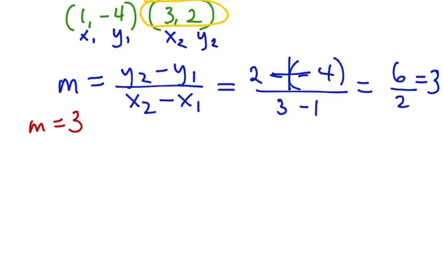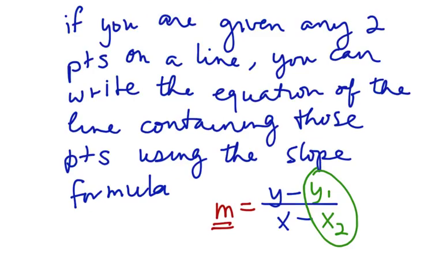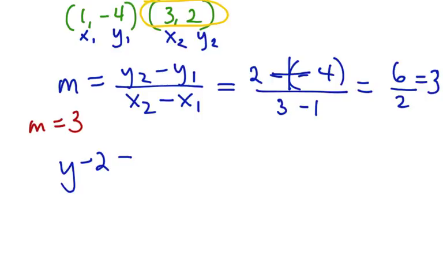So I go ahead and write it out, y minus, in this case I'm using y2, so 2, equals my slope, m, which is 3, x minus, and then my x2, which is 3.